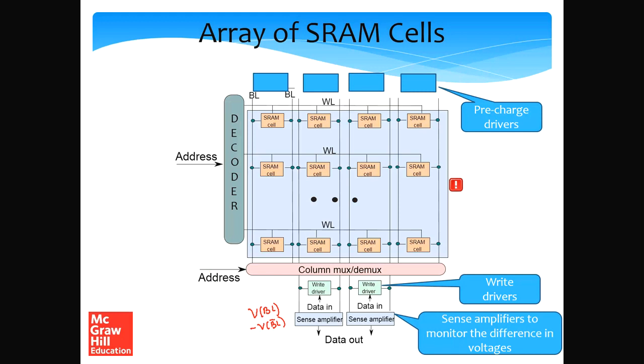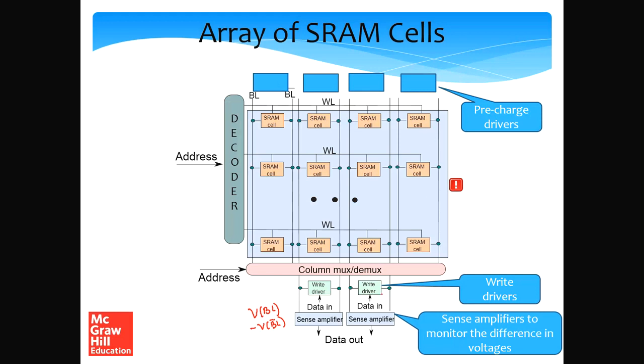So what are the only additions in this most important circuit? Well, we started out with an array of SRAM cells and a decoder to choose the right row by enabling the word line. We also had the column multiplexer demultiplexer to basically choose a set of columns. The additions are the set of precharge drivers that help precharge the two bit lines.